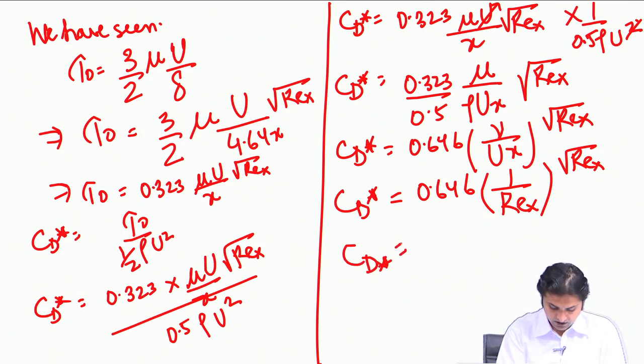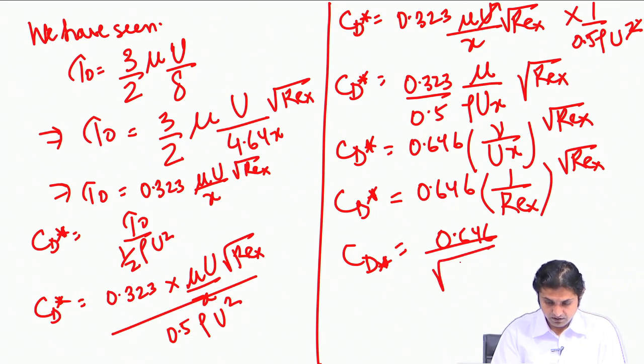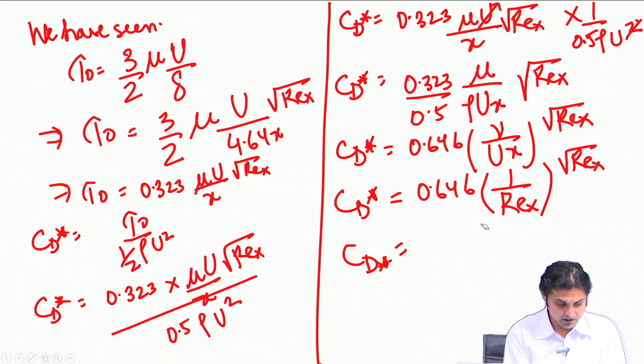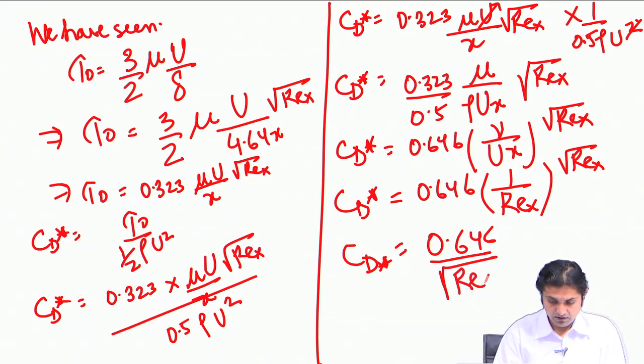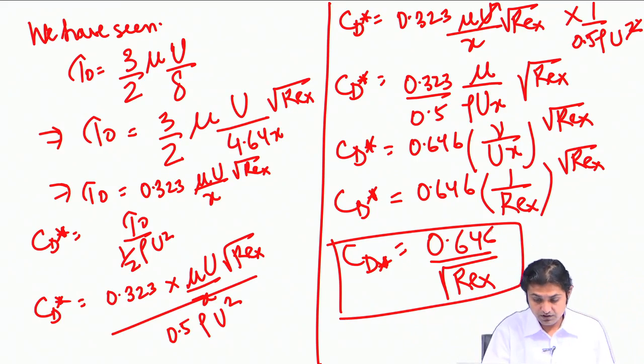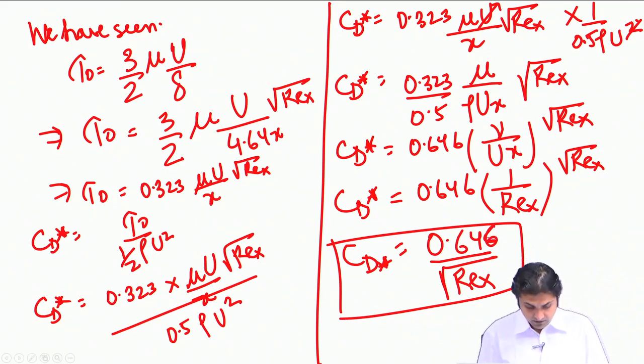So CD star finally can be written as 0.646 divided by under root Re x. I will take the eraser and write it properly. So this is the drag coefficient, 0.646 over root Re x. All right, this is the solution to one of the questions.